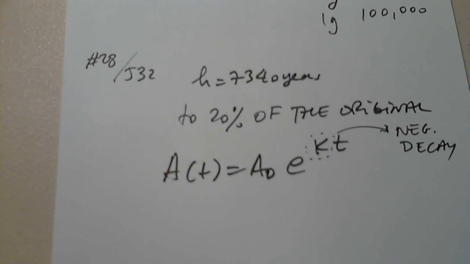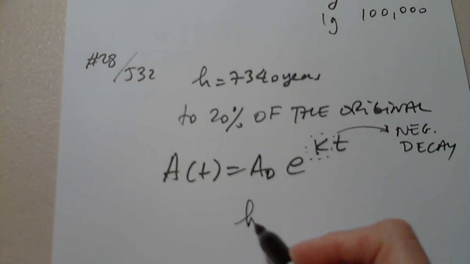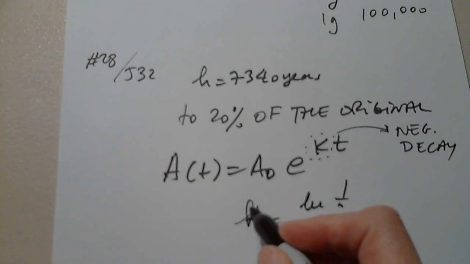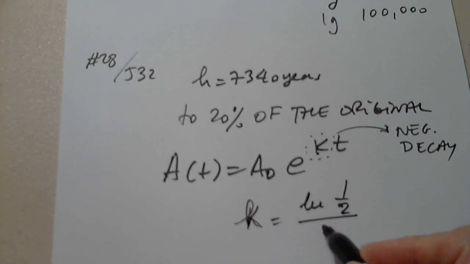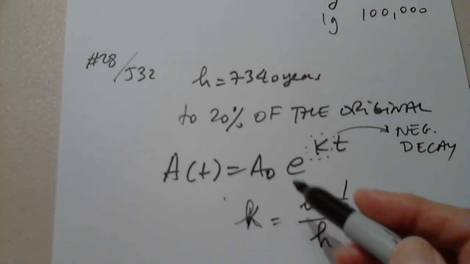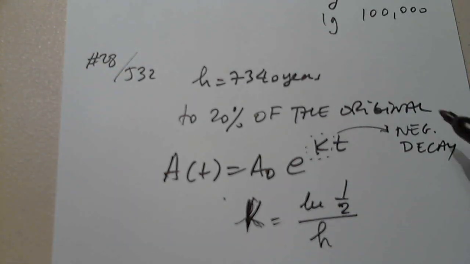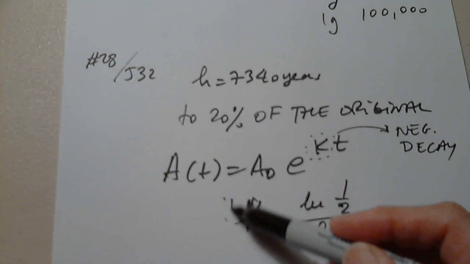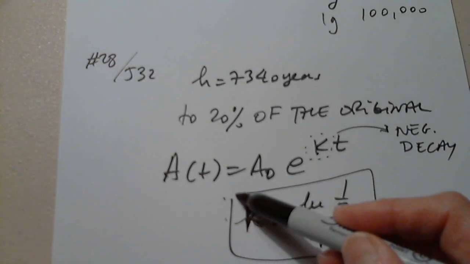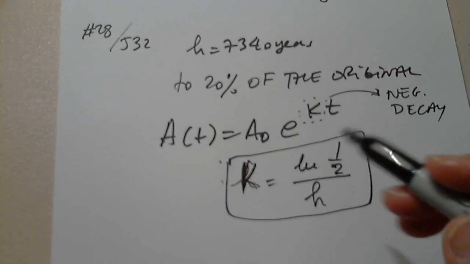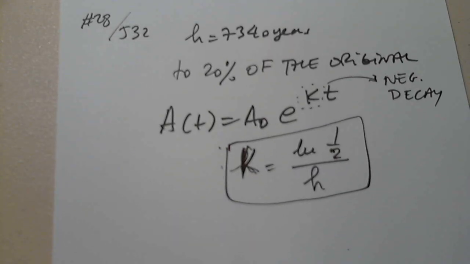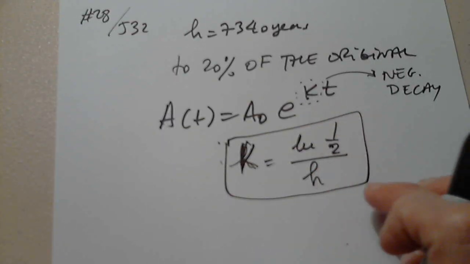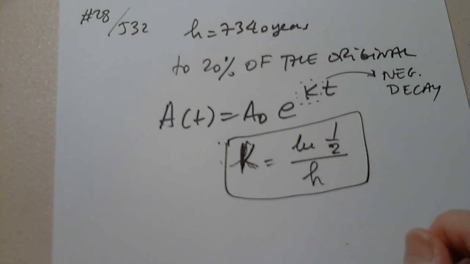Remember, k is the natural log of 1/2 divided by the half-life. So k, the decay rate, has this formula. I don't like the formula, I like to start from scratch, but you can use it if you like. Just make sure that since it's decay, it's a negative number. If it's not negative, something is wrong.